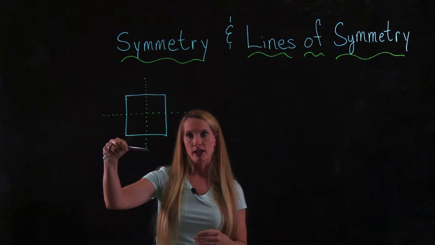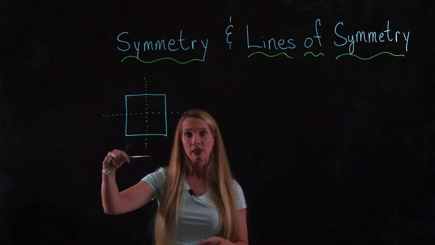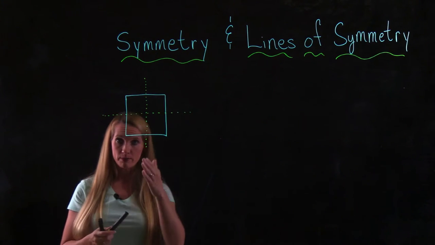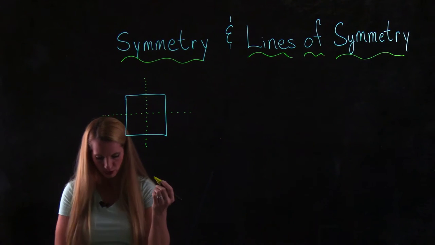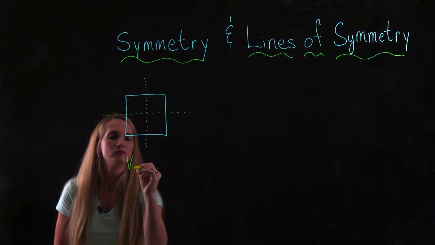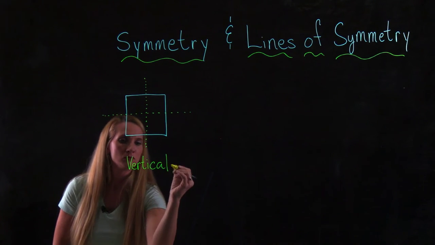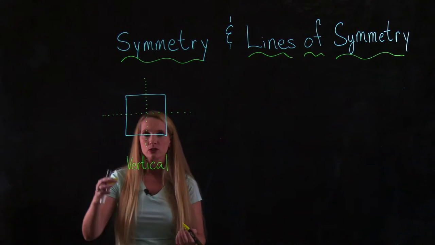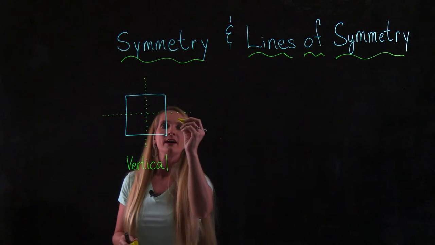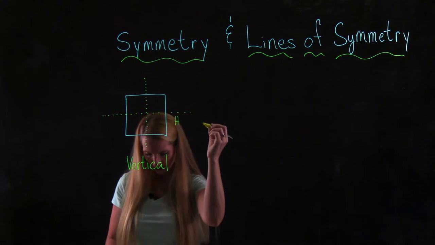This is called a vertical line of symmetry. If it's going up and down, it is called a vertical line of symmetry. And if I go this way, I have a horizontal line of symmetry.